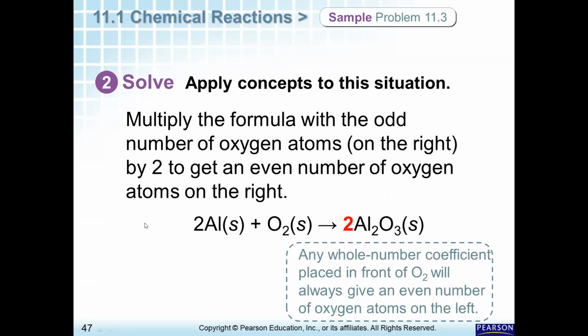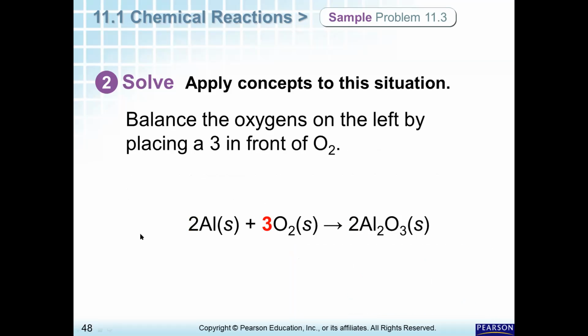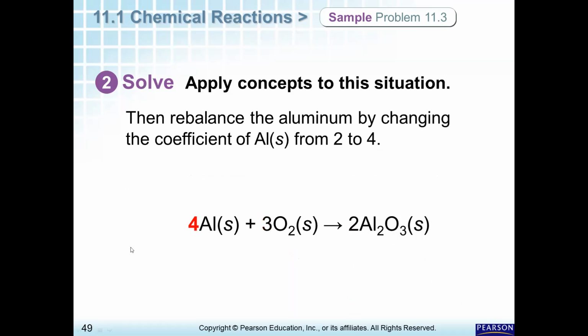Then we multiply this by 2 in order to balance the oxygen, and we multiply this by 3 also to make sure they're balanced. But we have to recheck this one because the aluminum now is 4, so that will become 4. Now the equation is balanced. 4 aluminum, 3 times 2 is 6. Okay, is this the minimum? Yes. You can't reduce it further, because 3 is an odd number.